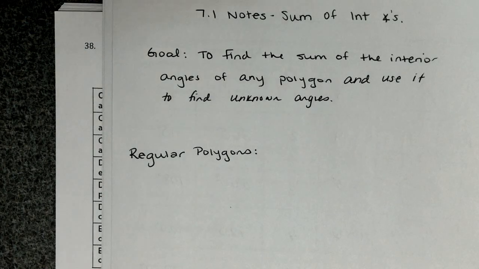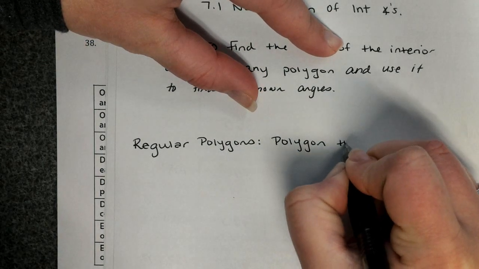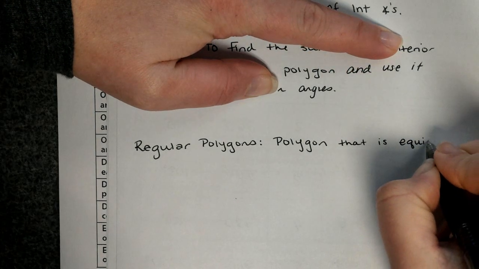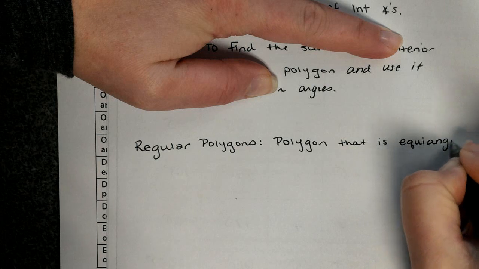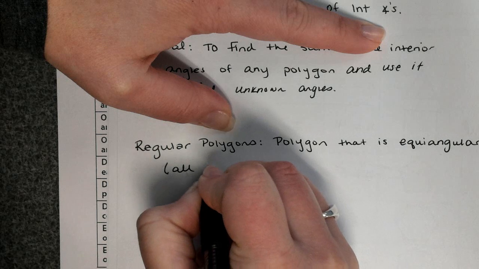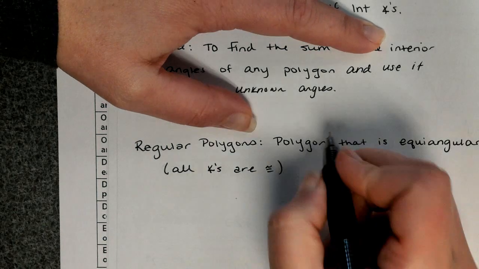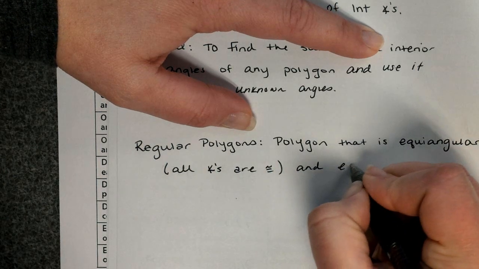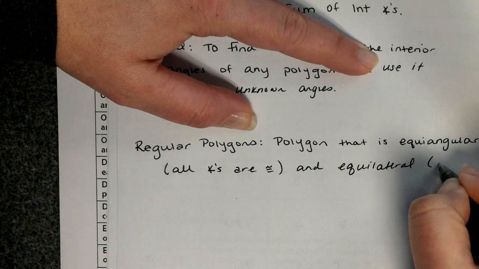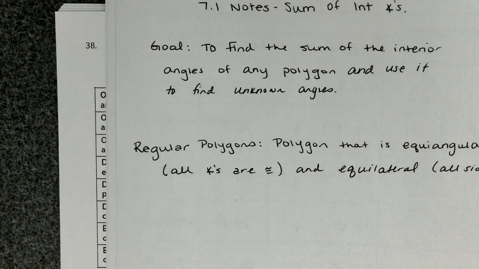So it's a polygon that is equiangular, meaning all angles are congruent or the same. And it's also equilateral, meaning all sides are also congruent.